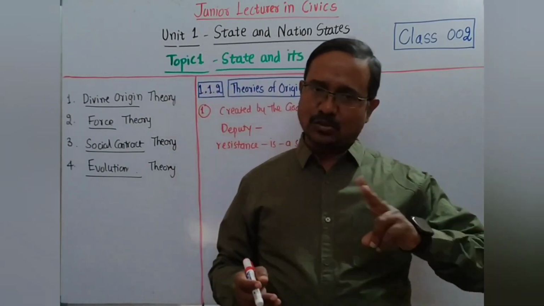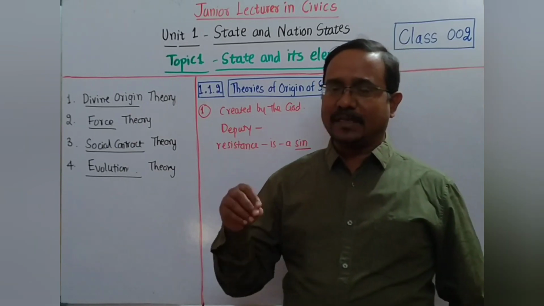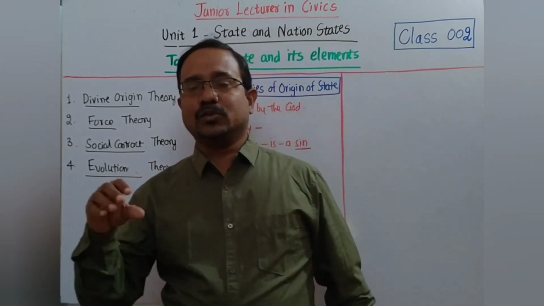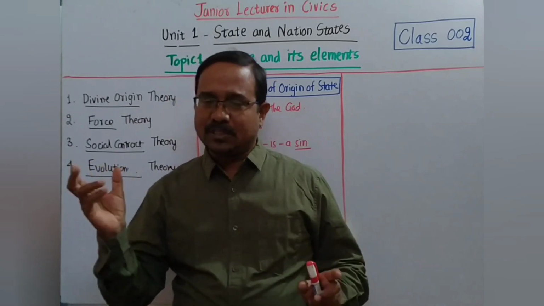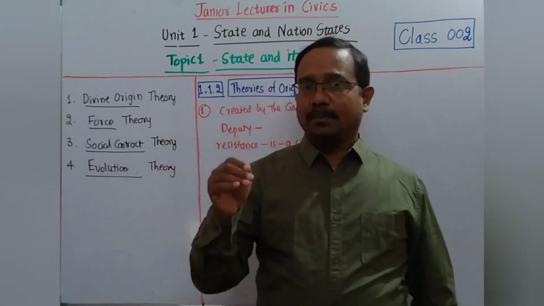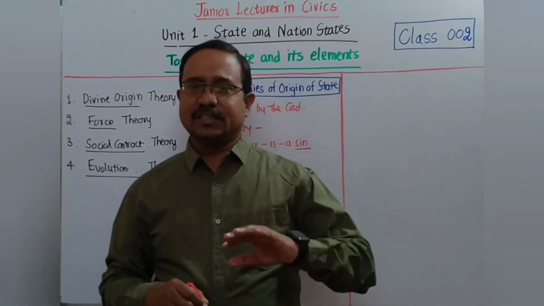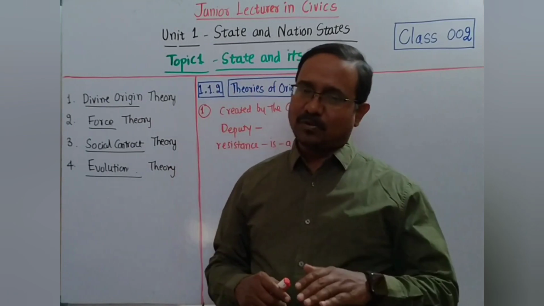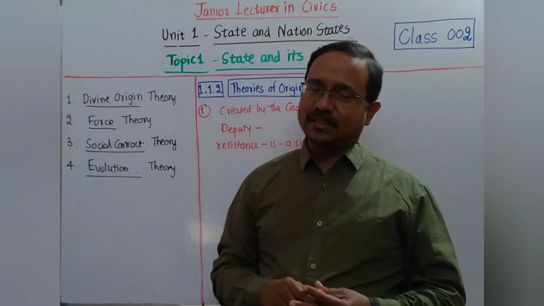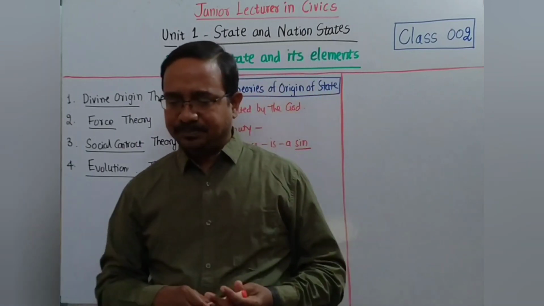So by these two qualities, a strong person, whether physically or mentally, is going to rule all the people surrounding him. In this way, many tribes, many clans, many societies are formed. This theory has gained support till the medieval period. So this is the second theory.